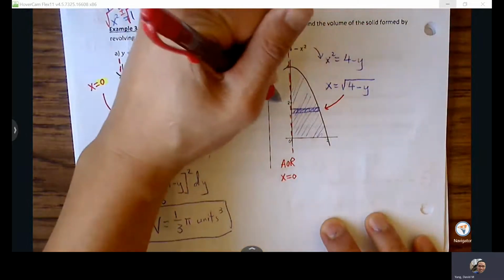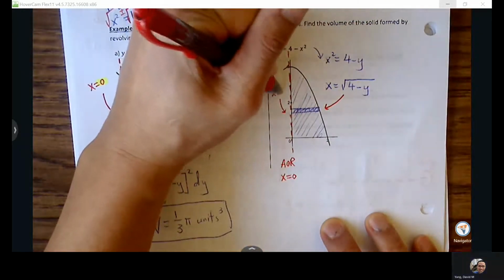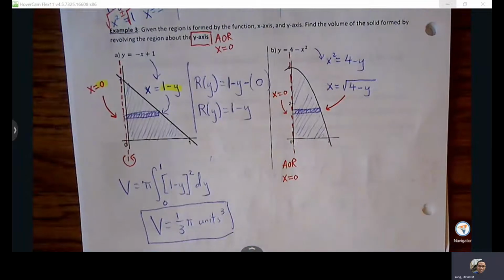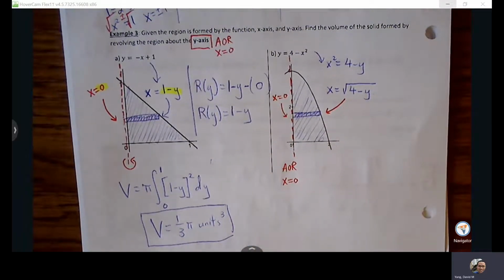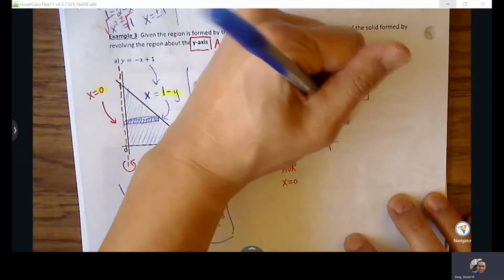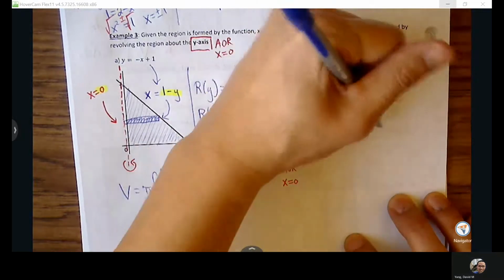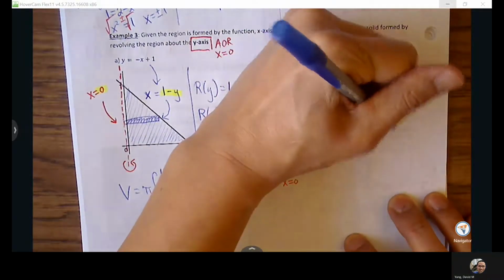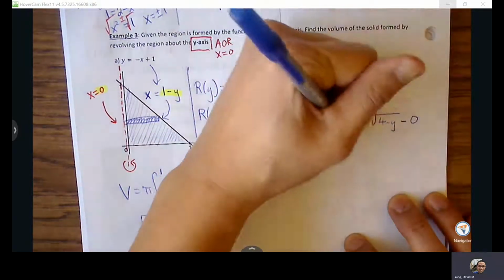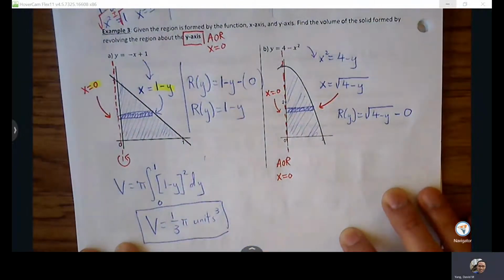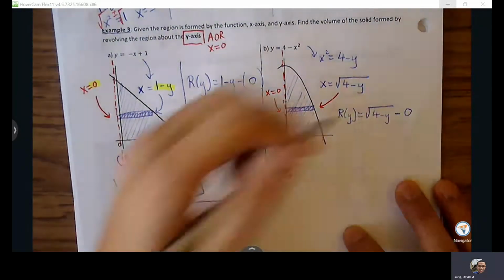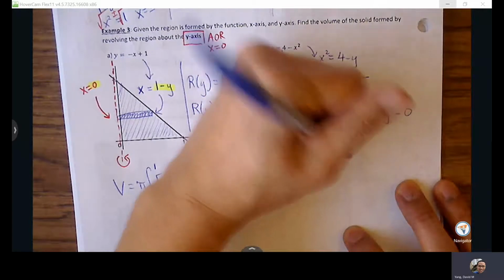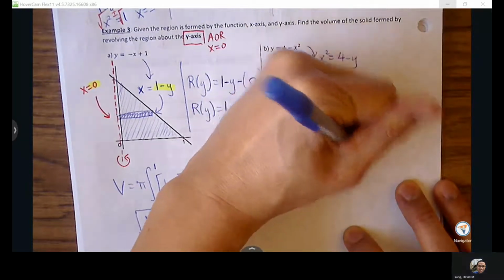Okay, build your radius, right minus left. And then start working in your volume formula.